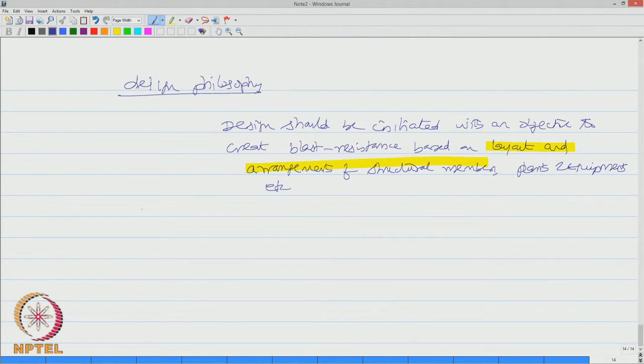So, the following FAQs need to be answered. What is to be protected?